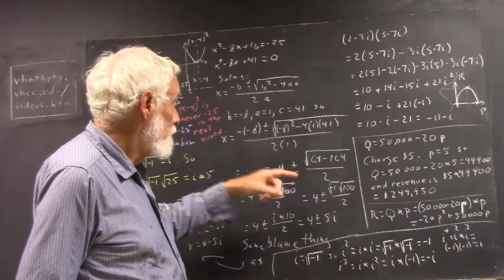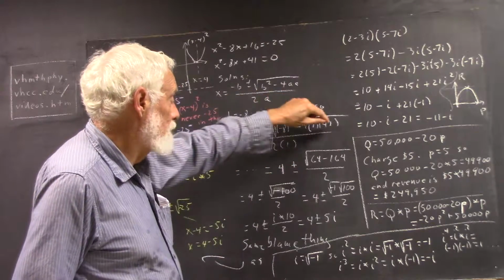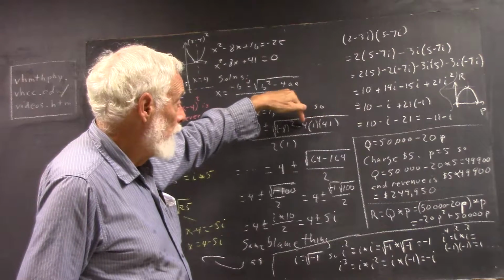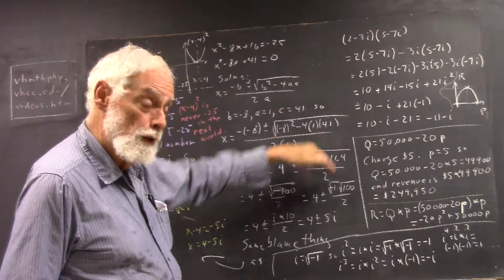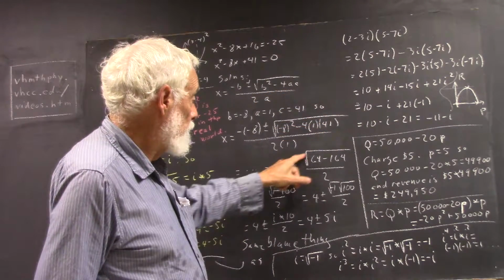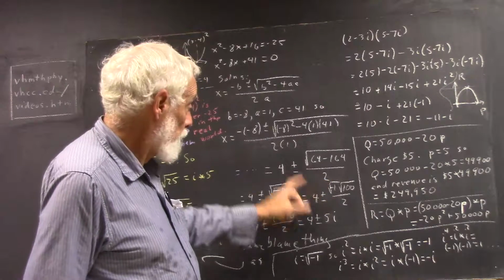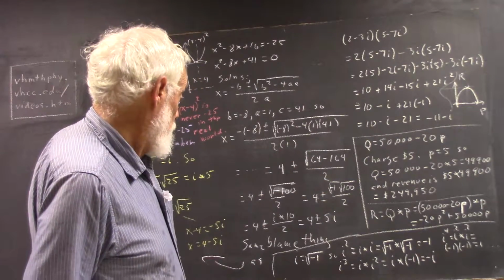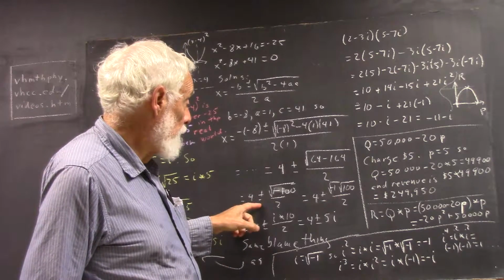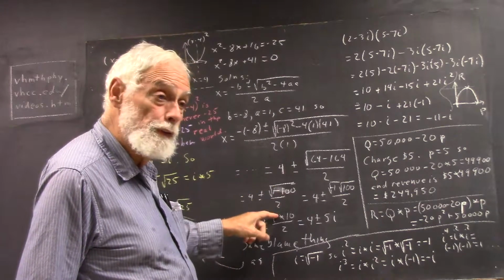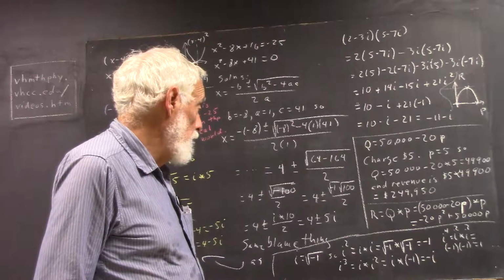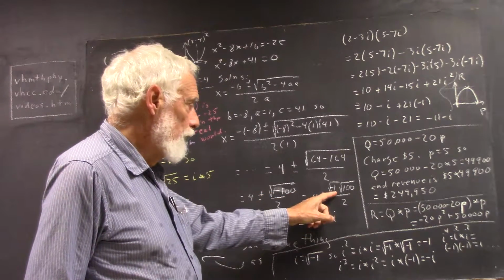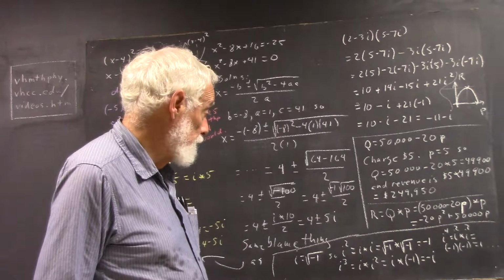This term simplifies, well, under the radical, you simplify, you get 64 here, and you get negative 164 here. And that square root is over 2. Whether it's plus or minus, the square root is divided by 2. So we have 4, plus or minus the square root of negative 100 divided by 2. And of course, the square root of negative 100 is the square root of negative 1 times the square root of 100.